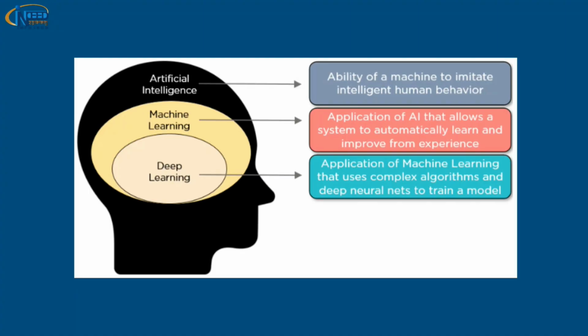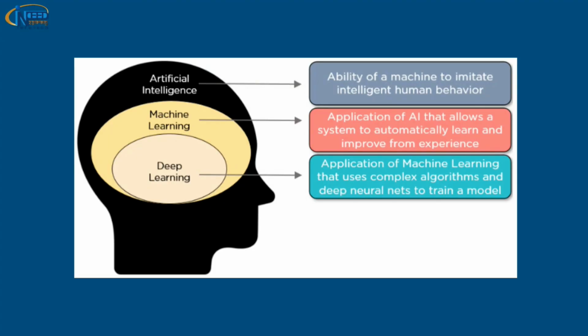But the artificial intelligence has a special area called machine learning, which is again very important. In machine learning, what happens? It is the application of AI that allows a system to automatically learn. If there is an AI-based application and it is not learning, then it is not of much use. Machine learning is that part which allows the system to learn automatically and keep on improving.